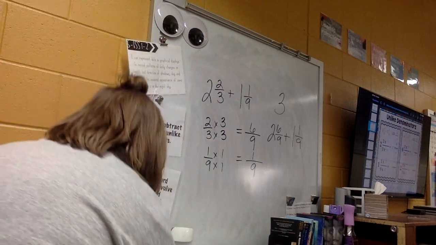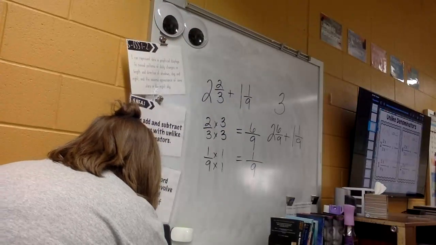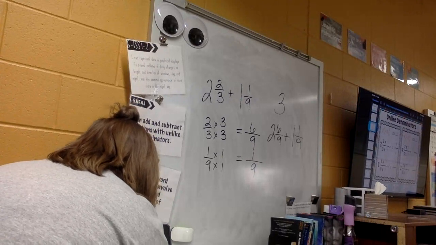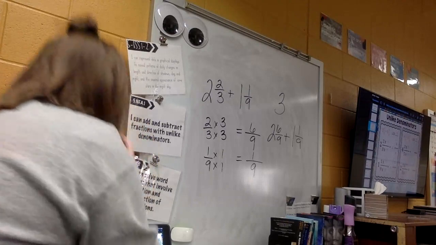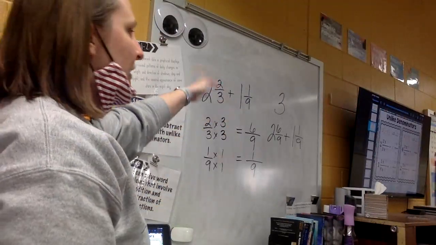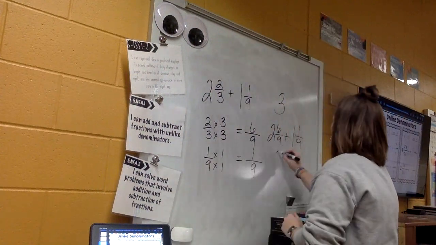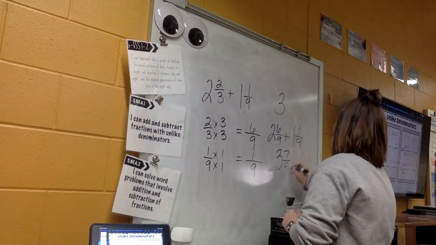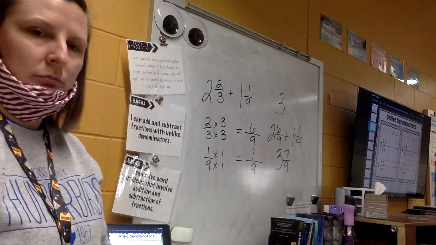So, 2 6/9. And then I have 1 1/9. Okay? Now, if I go ahead and finish this out, what's my answer going to be? 3 7/9.